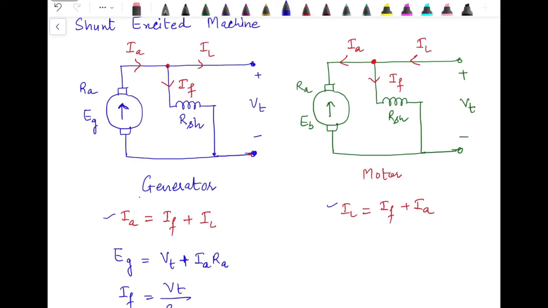There is a small flux, and that flux is cut by the conductors present in the armature, and once there is flux cut, there is an induced EMF and the voltage starts building up. I will explain the voltage build up procedure later in a separate video. Once that starts increasing, the field current starts increasing and it goes on.